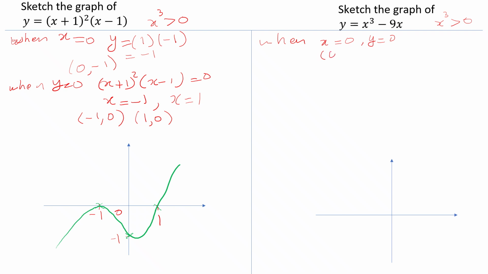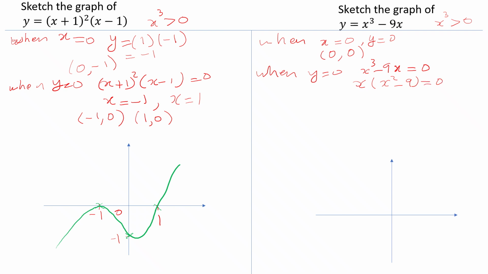So the coordinate (0, 0). When y equals 0, x cube minus 9x equals 0. So we can factorize this one. Take x out, x squared minus 9 equals 0.